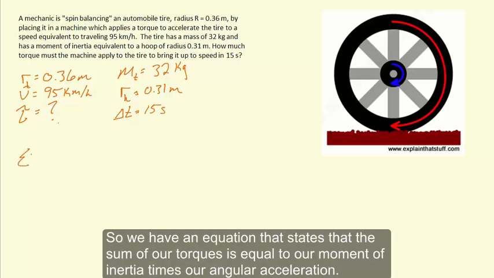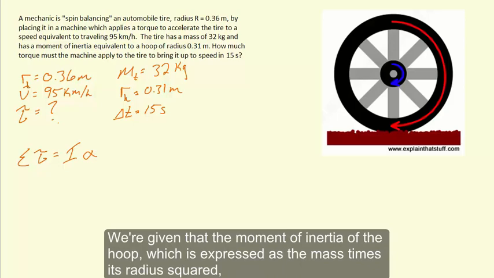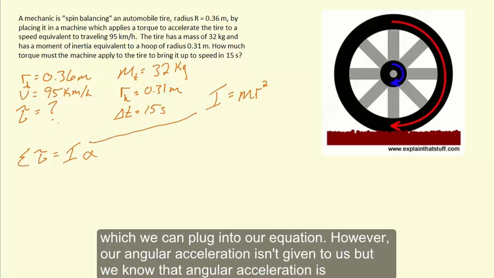So we have an equation that states that the sum of our torques is equal to our moment of inertia times our angular acceleration. We're given the moment of inertia of the hoop, which is expressed as the mass times its radius squared, which we can plug into our equation. However, our angular acceleration isn't given to us.